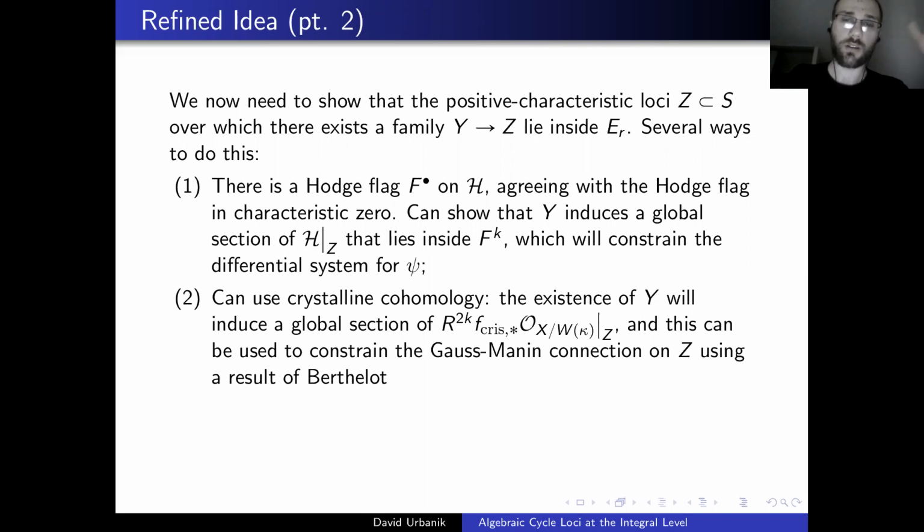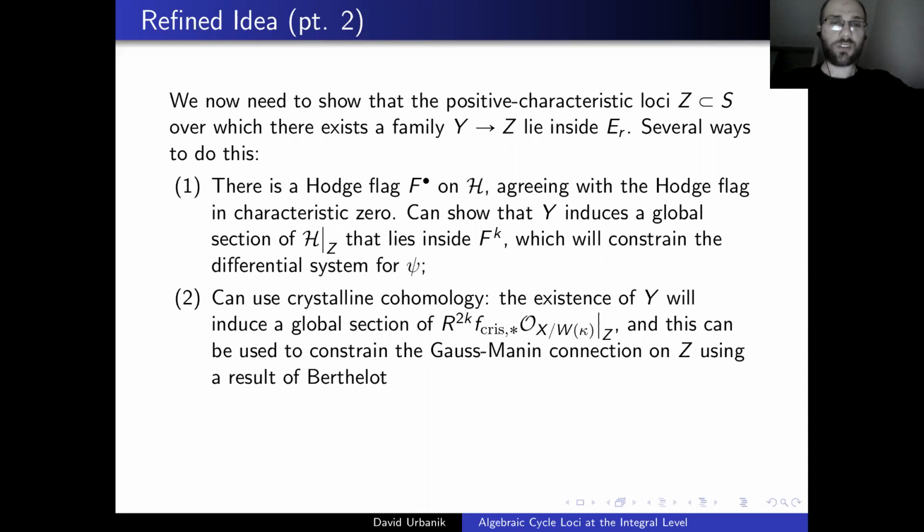There's this very sophisticated formalism of crystalline cohomology, which tells you that if you have such a Y lying over Z, then you can look at this crystal on the crystalline site associated to the locus Z. And these crystals are very special objects in the crystalline formalism that always have with them an associated connection.